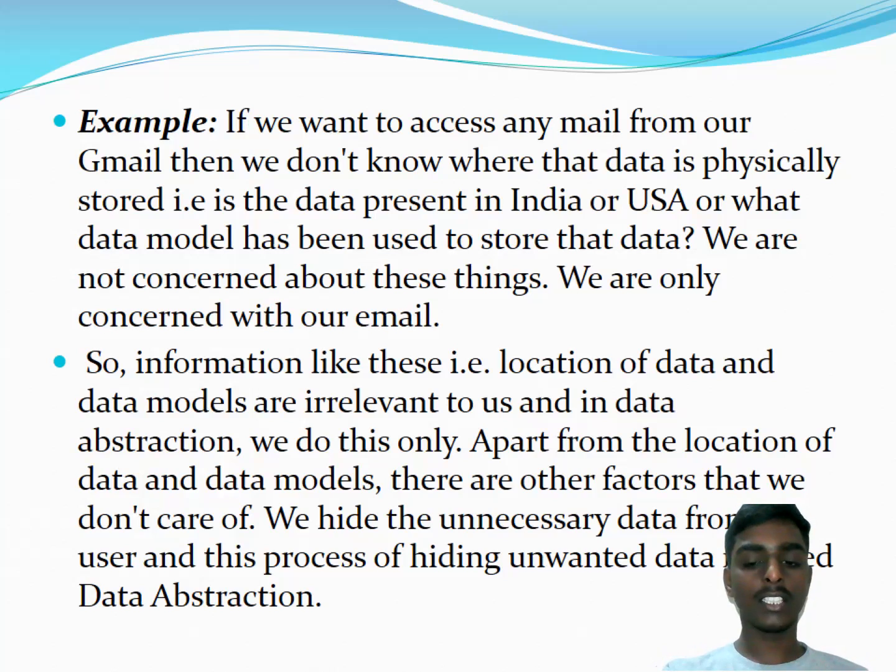So information like the location of data and data models is irrelevant to us in data abstraction. These are factors we don't care about. We hide the unnecessary data from the user, and this process of hiding unwanted data is called data abstraction.